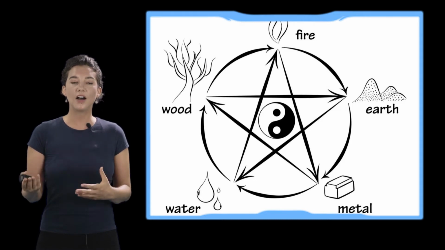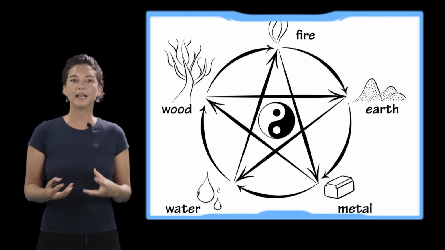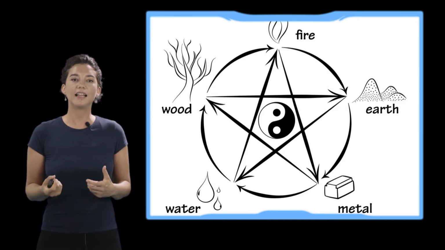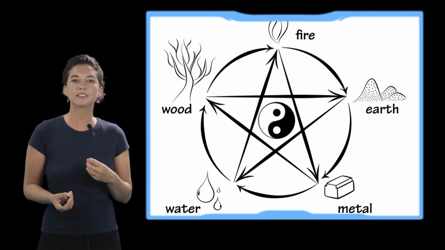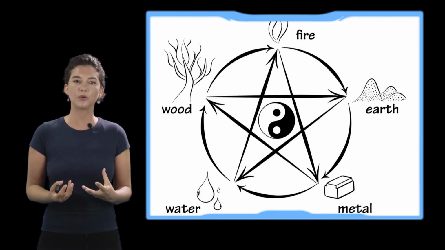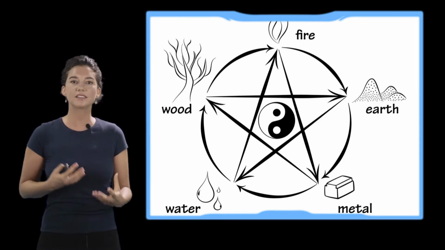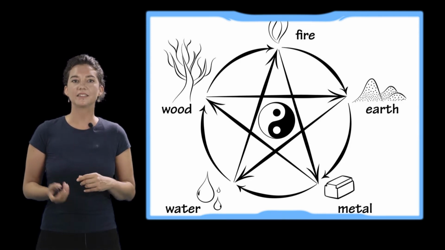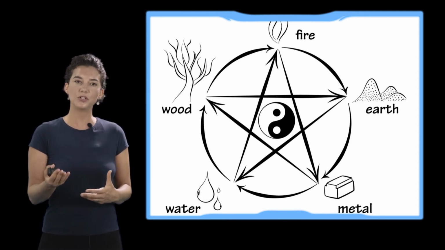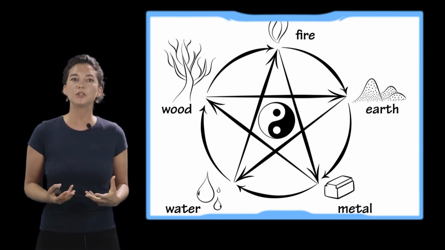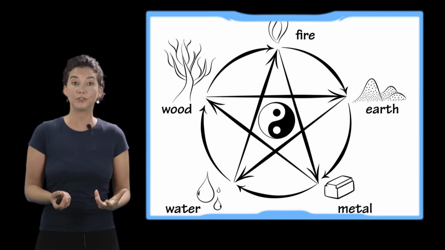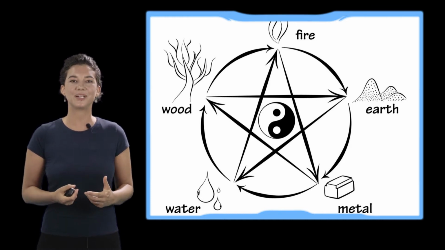Earth creates metal by hardening the rock and creating the metal element. The metal element creates the water by providing the mineral content for the water, within salts and potassium and iodine and copper. The water generates the wood by nourishing the wood so it can grow. And the wood generates fire by providing the fuel in nature for fire to burn.